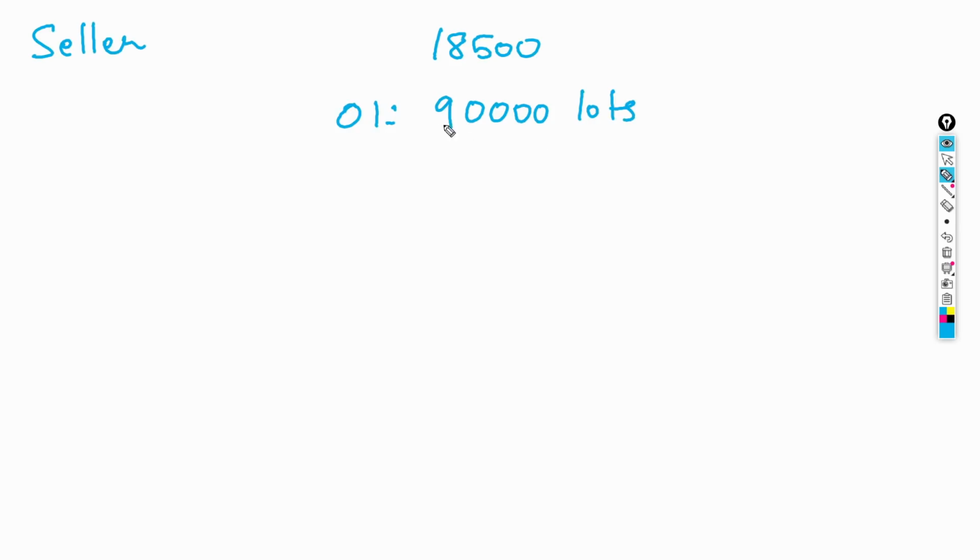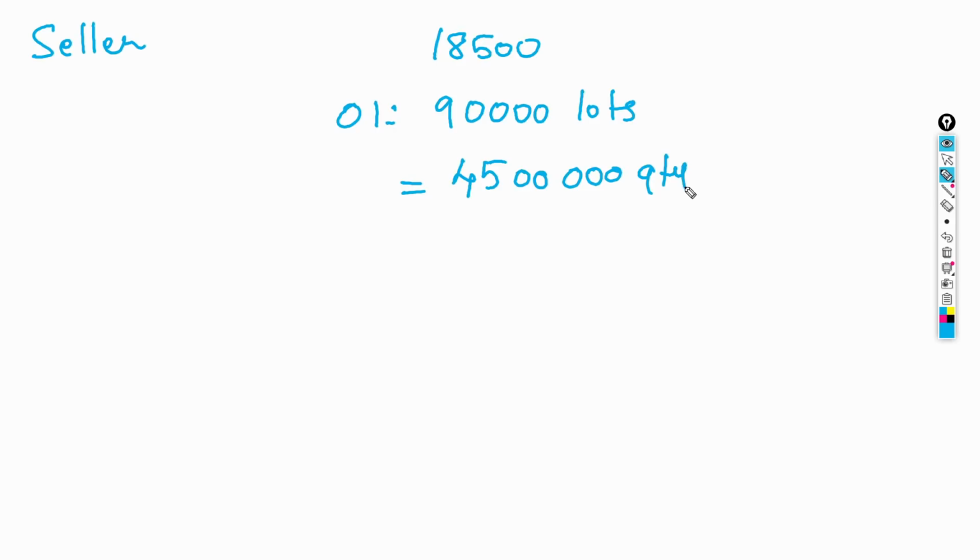So we are always looking at open interest from the perspective of the seller. Now we are looking at the 18,500 call option. This currently has an OI of 90,000 lots. When I say 90,000 lots, it is close to 45 lakh quantity.